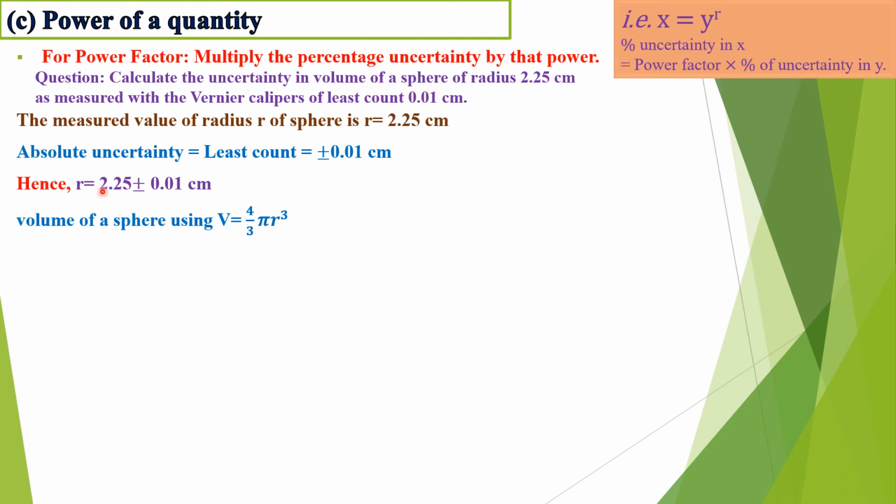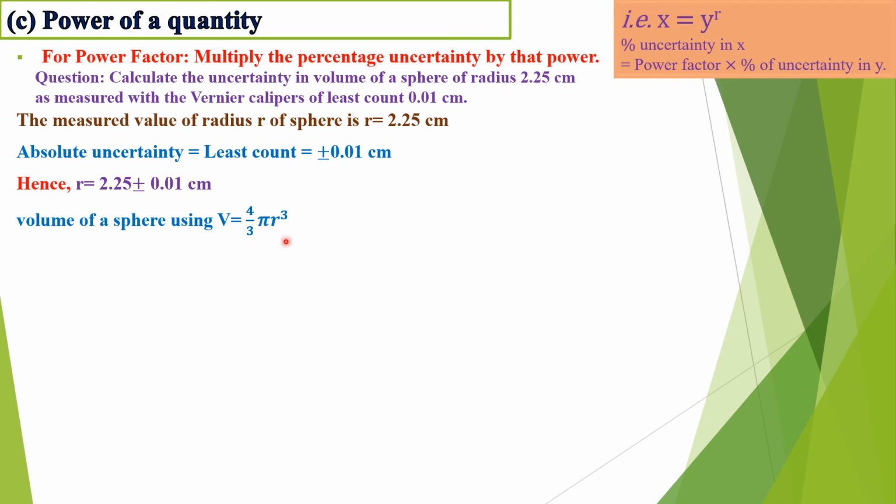The formula for the volume of a sphere is V is equal to 4 upon 3 pi r cube, and in this formula we have power factor 3. So we have to use the rule power of a quantity here. For that, we will multiply the percentage uncertainty by that power factor. First of all, calculate the measured value of volume by putting the values of pi and r.